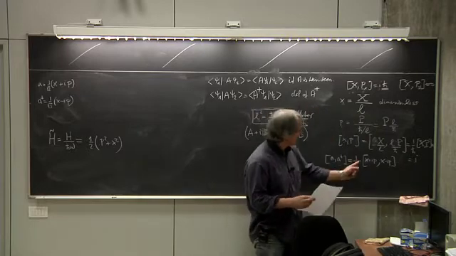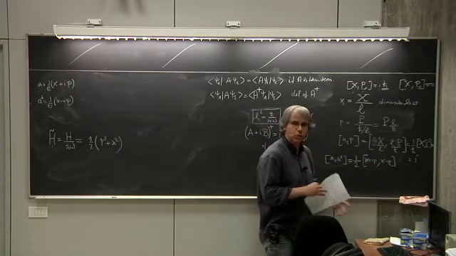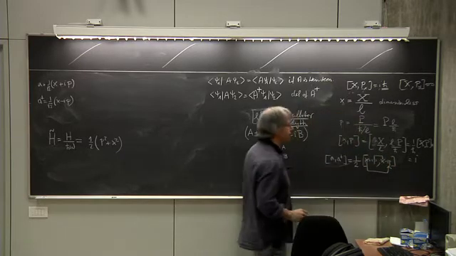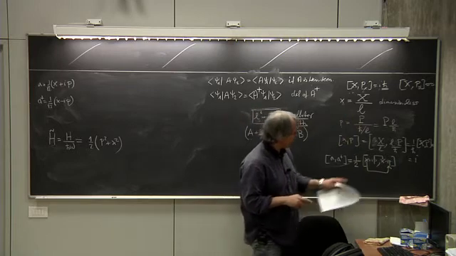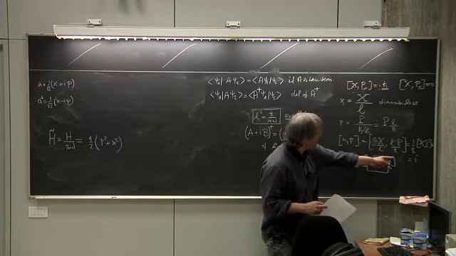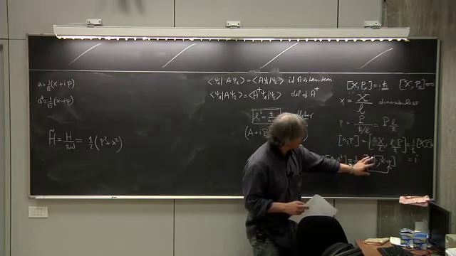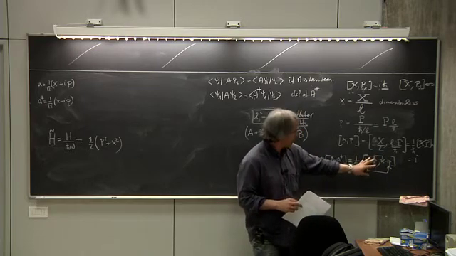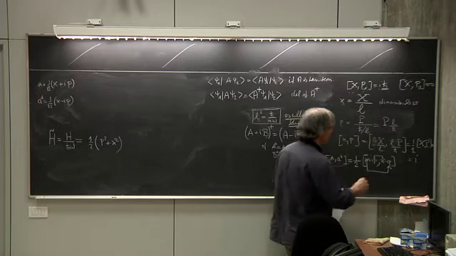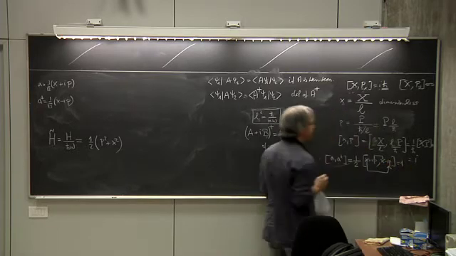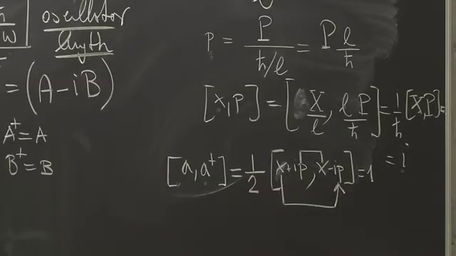So X and X commute, P and P commute. The only two terms are this with this and this with that. If you keep track of both, you remember that there is an i in the commutator of X and P, and you verify that the two terms, because of the signs, are exactly identical. They cancel the factor 2. The i cancels the other i, and you get just 1, okay? So A and A dagger are two operators whose commutator is just 1.